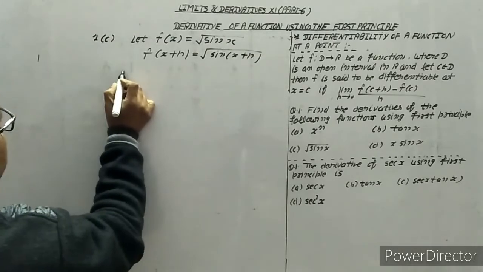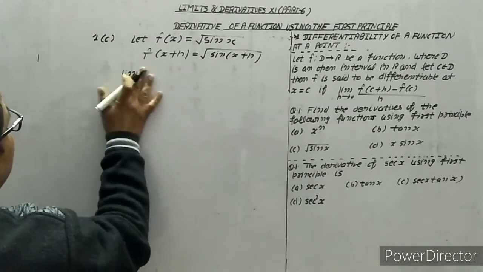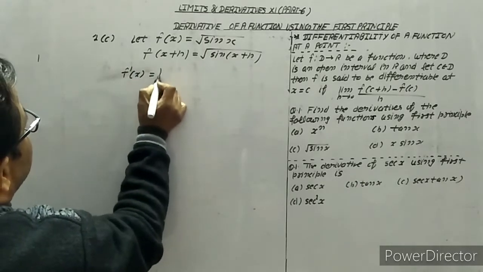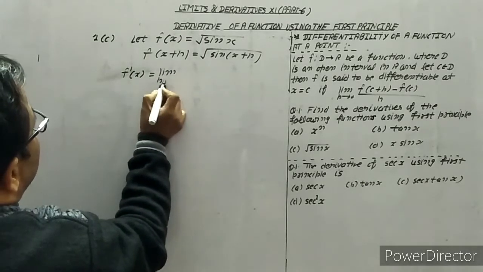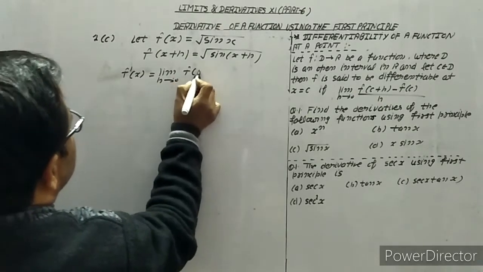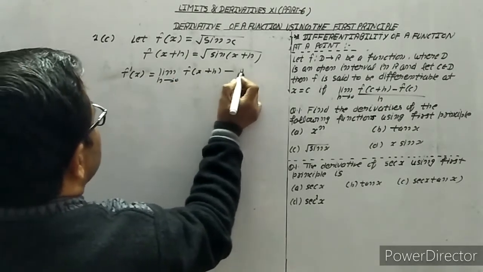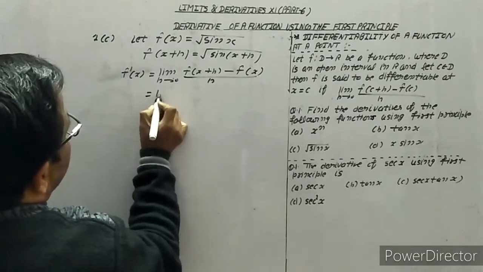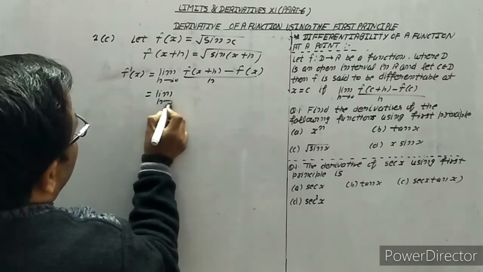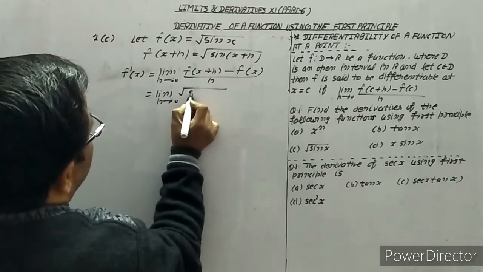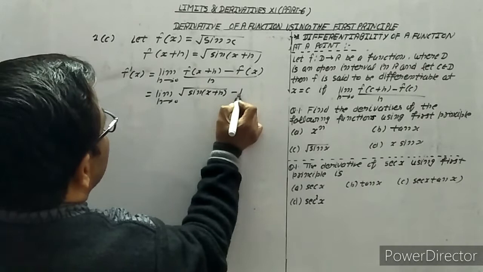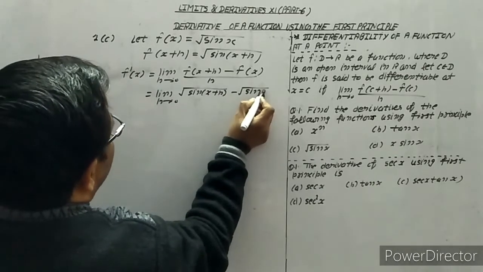Now according to the first principle, f'(x) is equal to limit h tends to 0 of f(x+h) minus f(x) upon h. This becomes limit h tends to 0 of root sin(x+h) minus root sin x upon h.